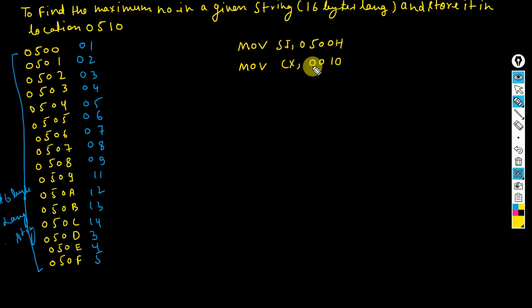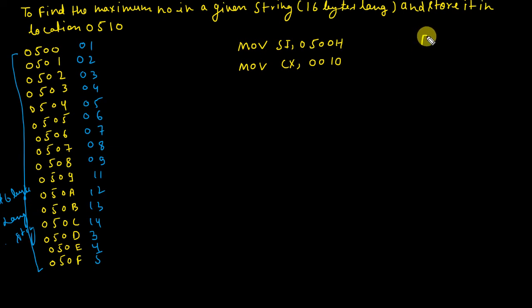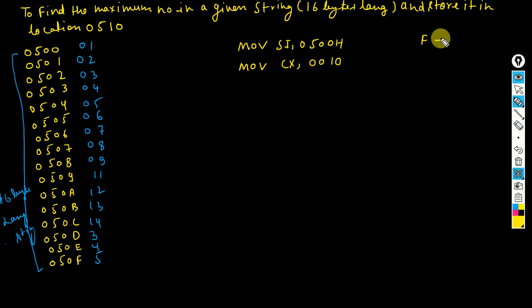You initialize your counter register CX with 16. In hexadecimal, F indicates 15 and 10 indicates 16.